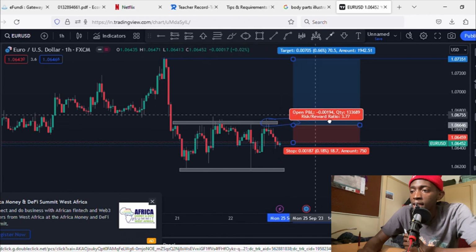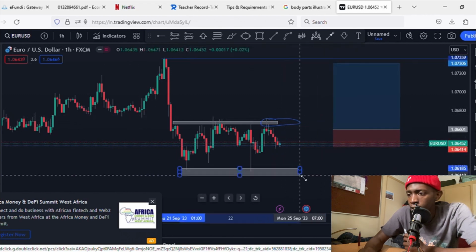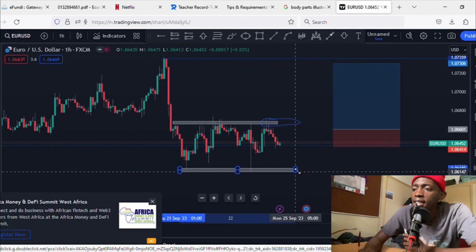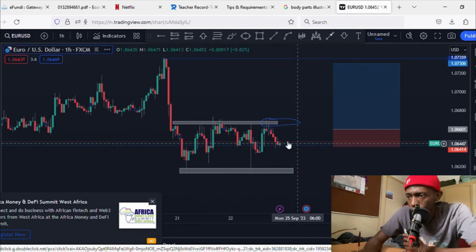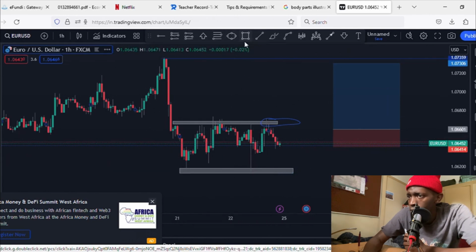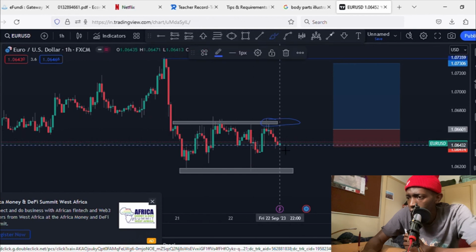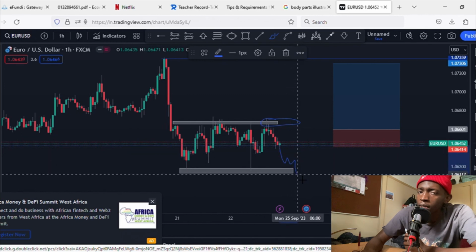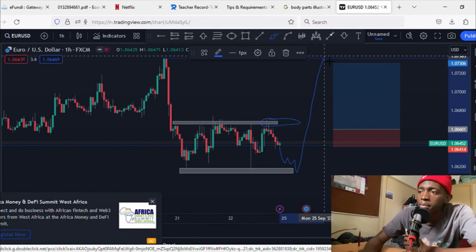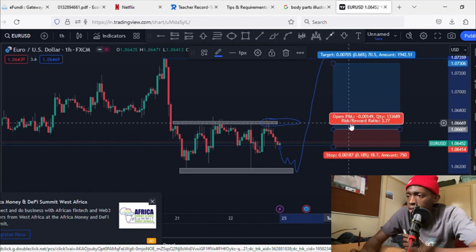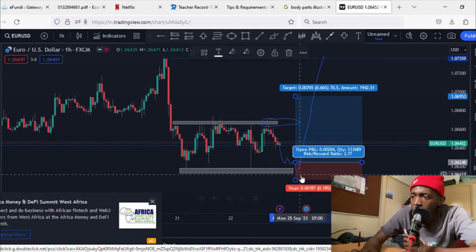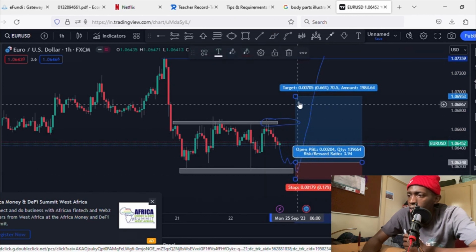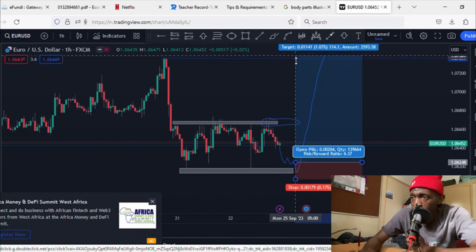So let's say for instance, because you can see that we are still ranging in this area, you can expect the market to come down and then give us some sort of rejection pattern or formation so that we can get that initial move to the upside. So this would be a great thing because you would actually get a proper entry and have your stop loss somewhere around here while your target is all the way over there.